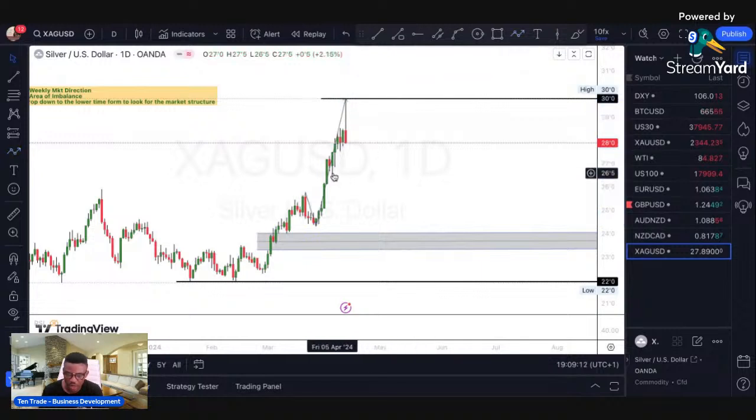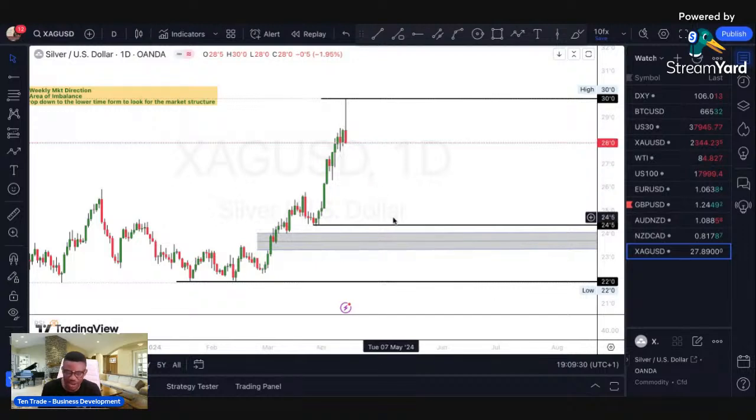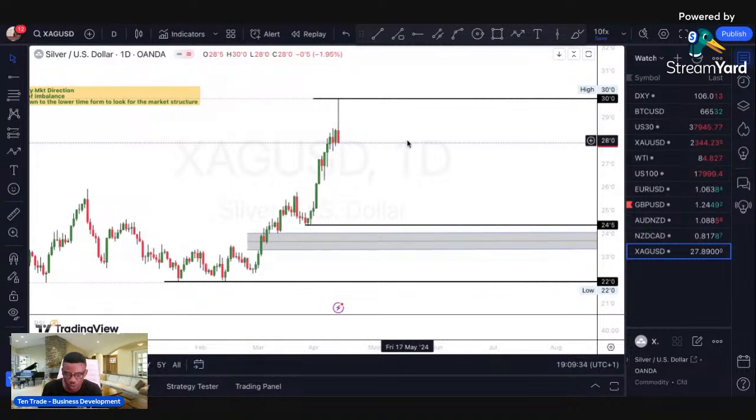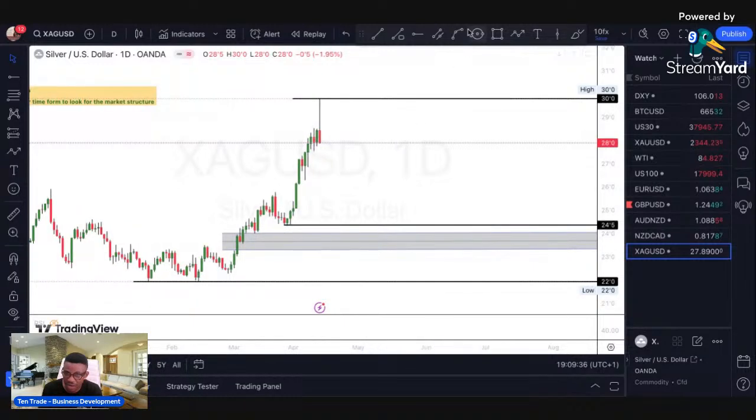We can mark this place here as the swing low that took out this high. There was a high here that was taken out by this move nicely. So if price comes back to that area, it's going to be an area again for us to go bullish. So we are going to mark an area of imbalance there.